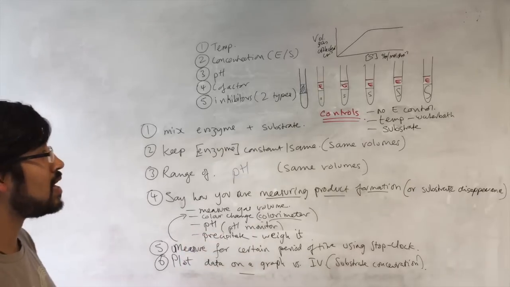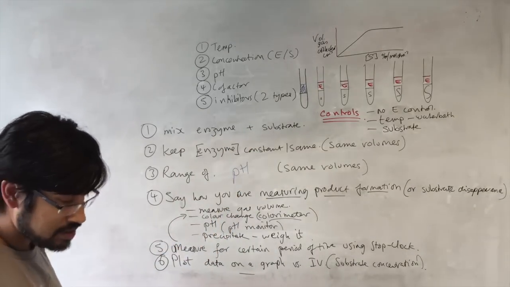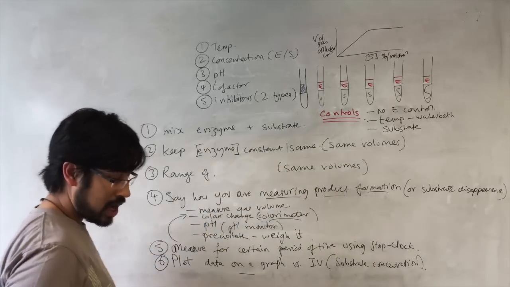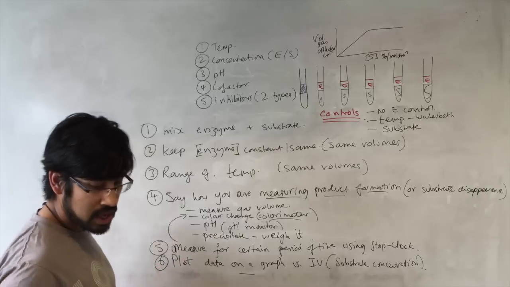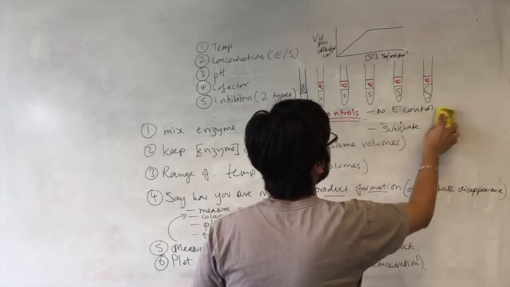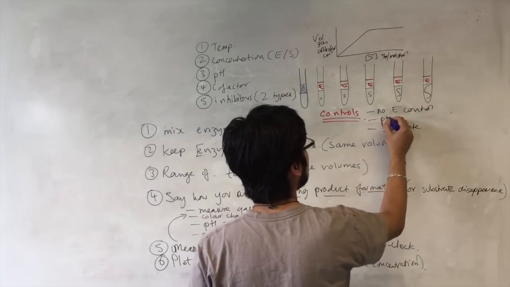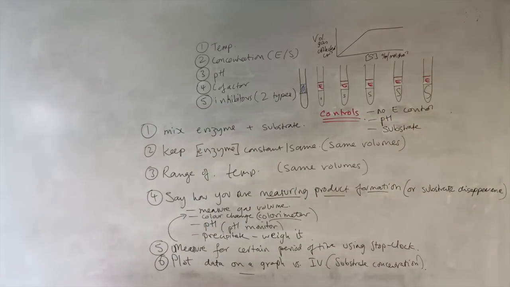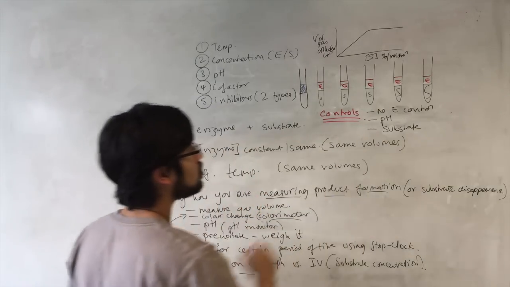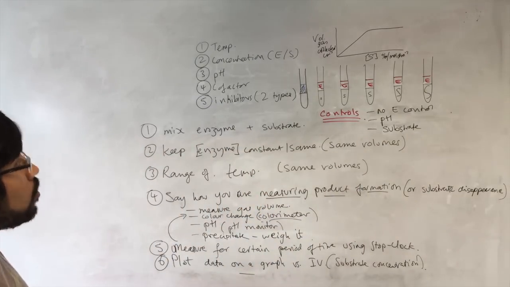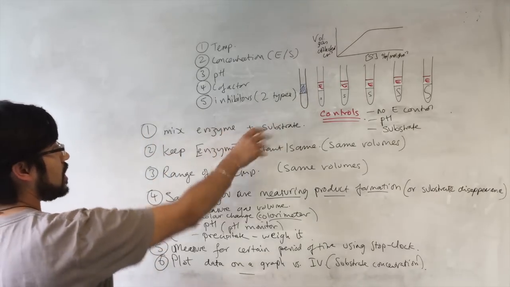So I'm no longer investigating that variable, I'm doing this one, okay? And if I'm investigating a range of different temperatures, then again, I don't need to keep that constant, but I need to keep my pH constant. I hope this is making sense. If you're changing one variable, you've got to make sure that the other ones are being kept constant.